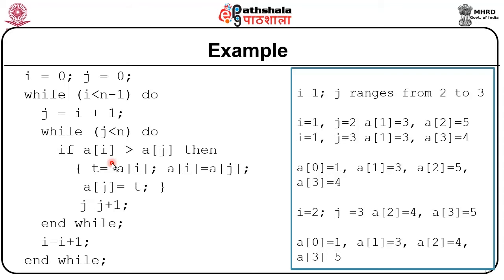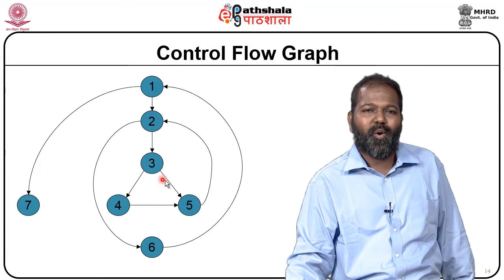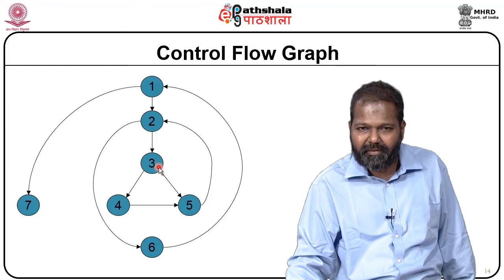As stated, when you have an if condition, the condition can either be true or false. For the true part, you will have another node, and for the false part, you will have another node. You can look here: node 3 denotes the if statement.